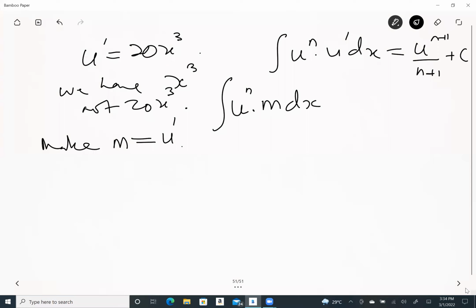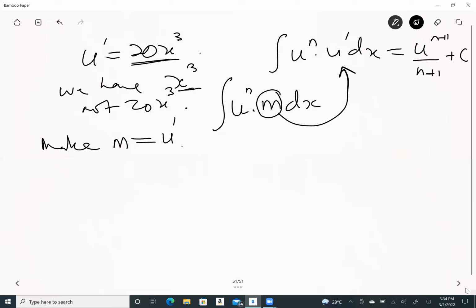The example here: u prime should be 20x cubed. What you are given is only x cubed, which is not 20x cubed. So you don't have u prime, you have m. Now you want to make it into u prime. How do you do that?